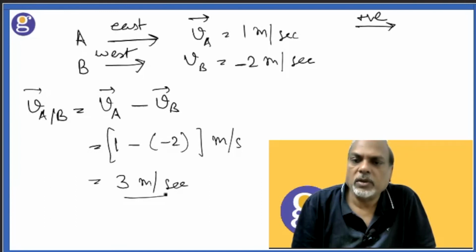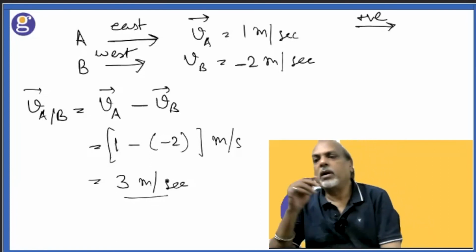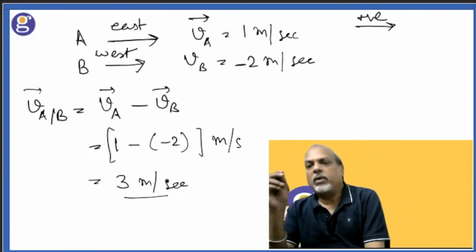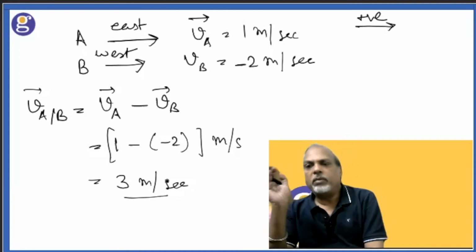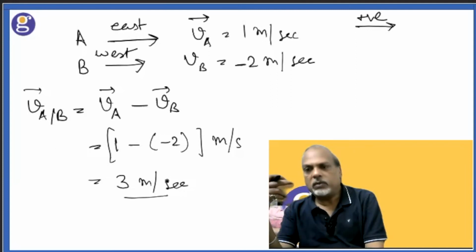That means the actual velocity of A is basically 1 meter per second, but if we see this velocity in relation to B, then it is 3 meter per second.